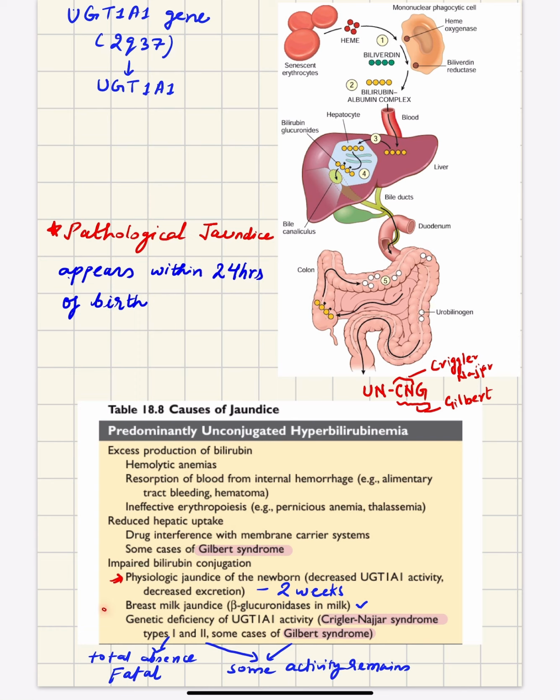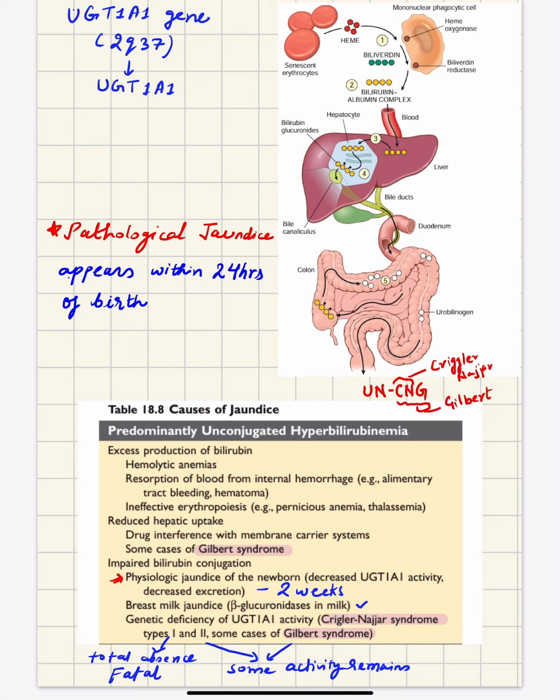The physiological jaundice of the newborn is further exaggerated by breast milk feeding. Generally after birth, it is recommended that the baby should be fed with breast milk, but the breast milk has certain enzymes, beta glucuronidases. They cause the degradation of the UDP glucuronide transferase, the enzyme which causes the conjugation of bilirubin.